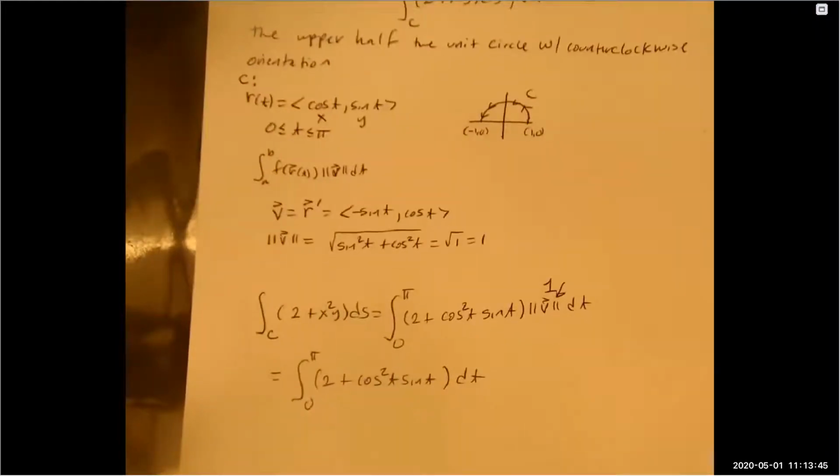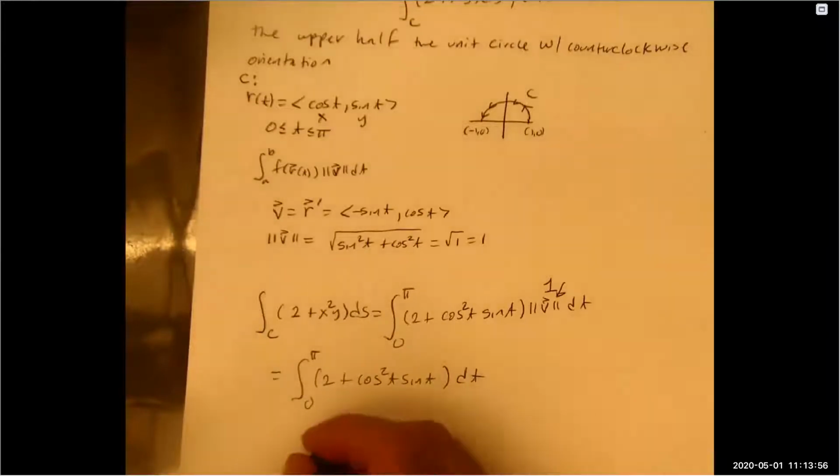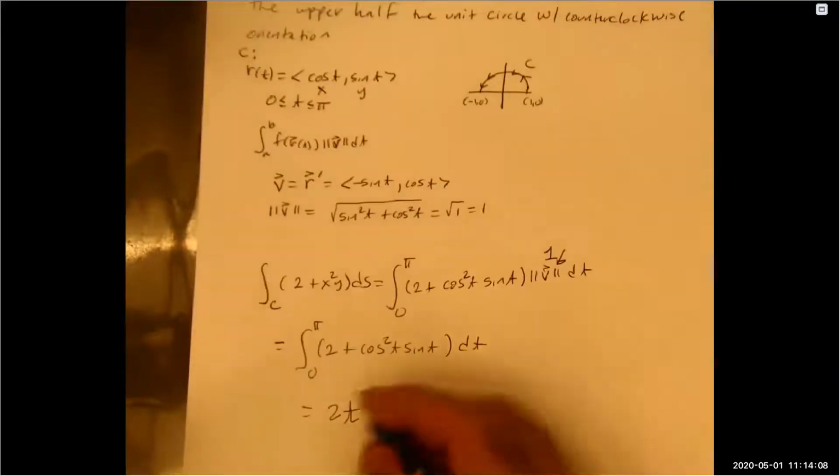And so this should be a pretty easy one to integrate. So what's the antiderivative of 2? 2t. Okay, so we have 2t. And what would be the antiderivative of cosine squared times sine t? Negative 1/3 cosine cubed.